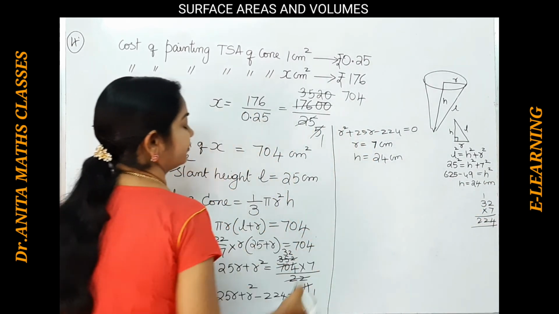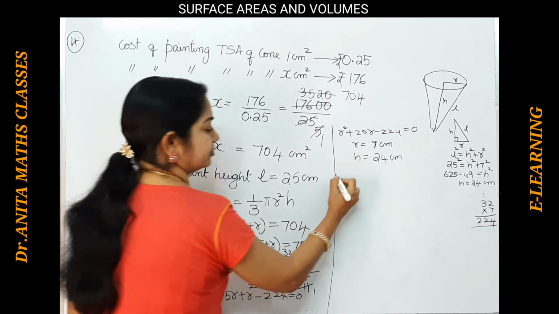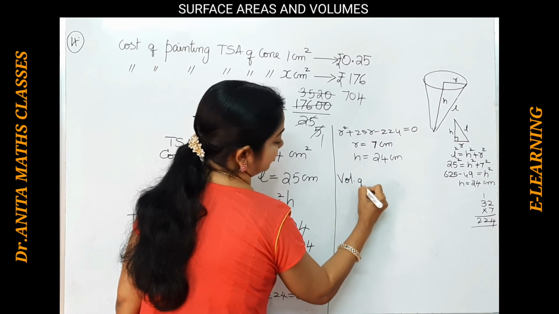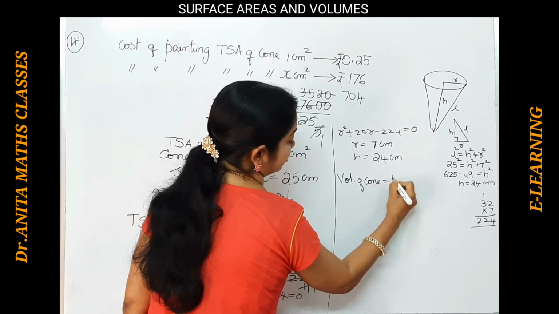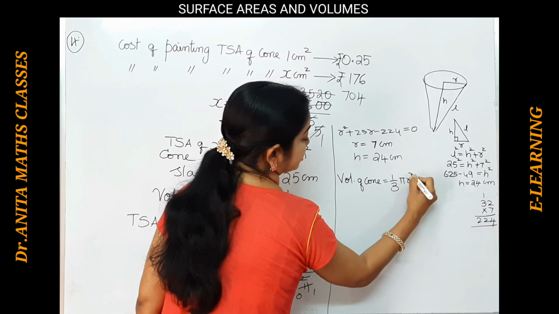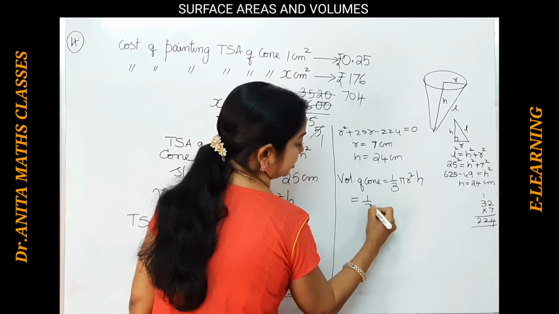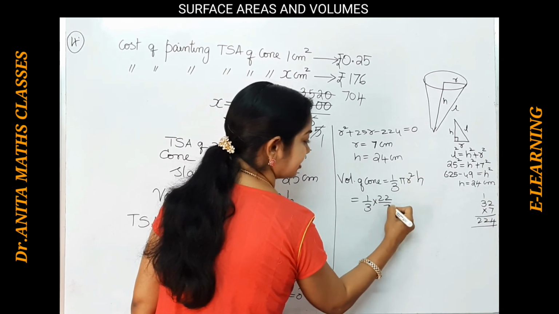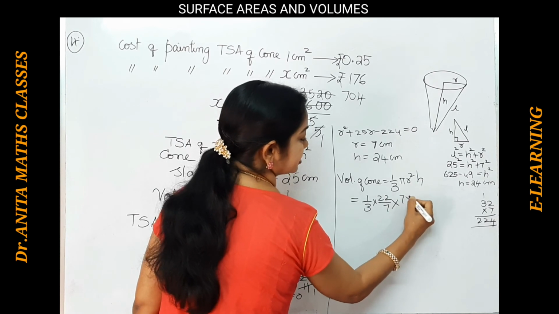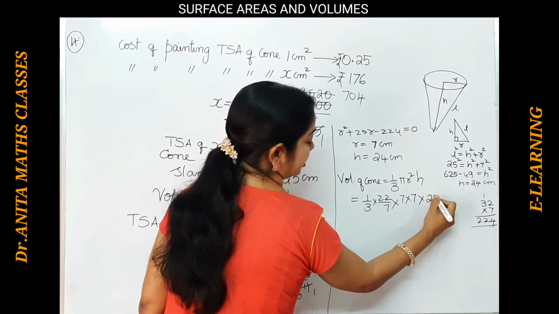Right. Here after getting h, we will find the volume. Volume of cone is equal to 1/3 πr²h, that is equal to 1/3 into 22/7 into r is 7 into h is 24.